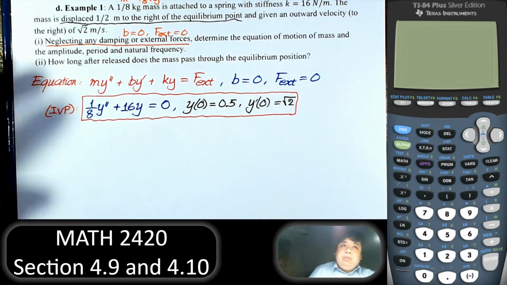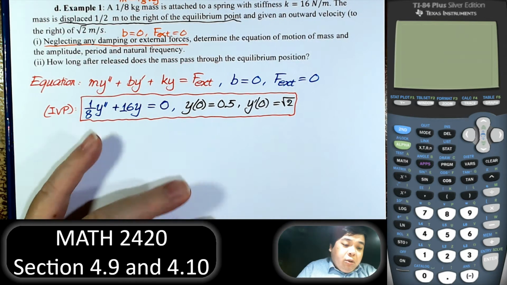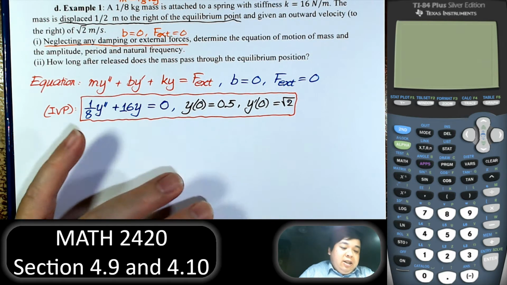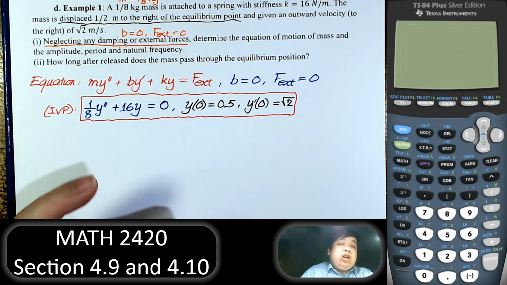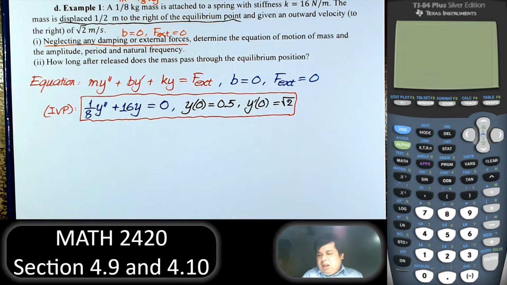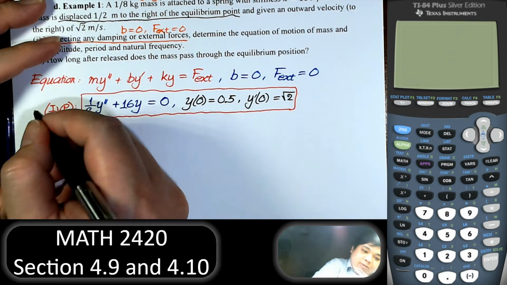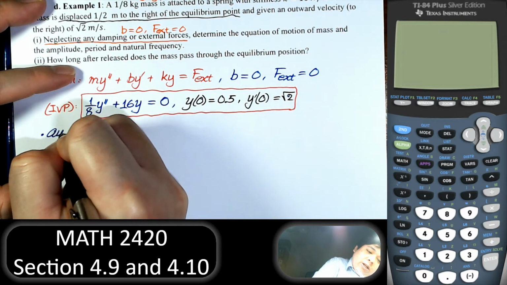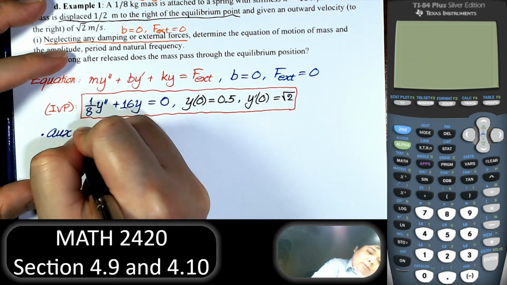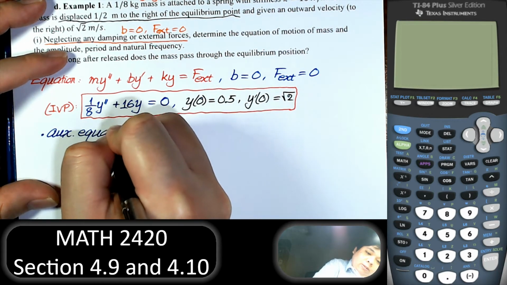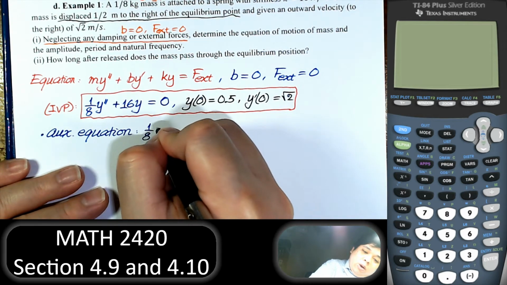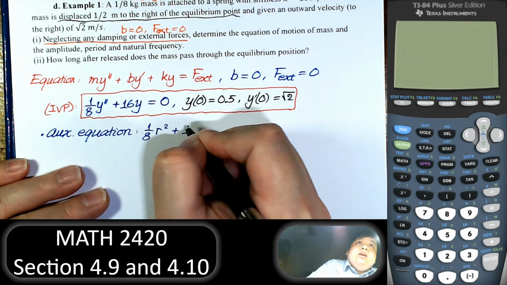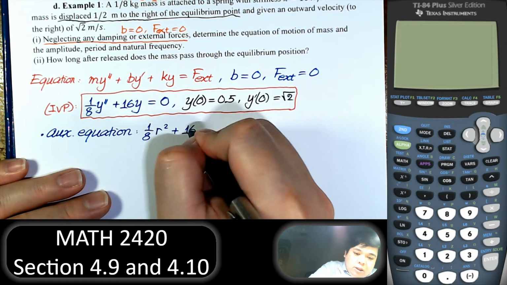Now, of course, we can solve this. This is easy. From here, we can write the auxiliary equation, and then we solve for the solution. Should be simple, right? So, the auxiliary equation: 1/8 r squared plus 16 equal to 0.